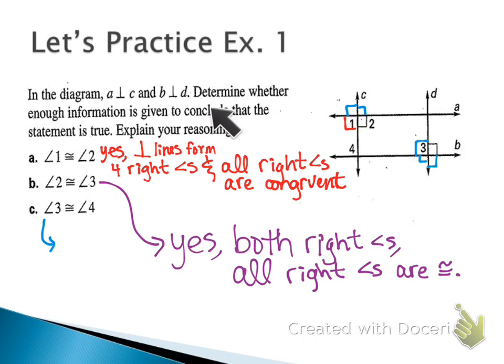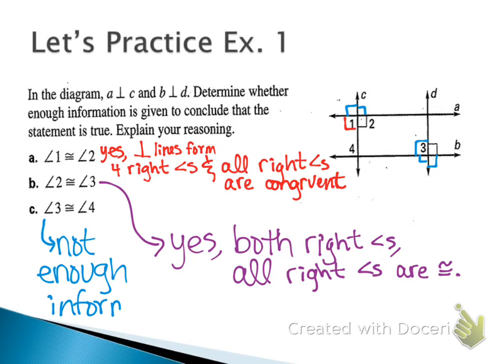Did they tell us anything about C and B together up here? No, I don't know anything about that intersection. So I don't know. There's not enough information to decide. We can put not enough information. Those could be right angles there, but for right now, we don't have enough information to decide that.